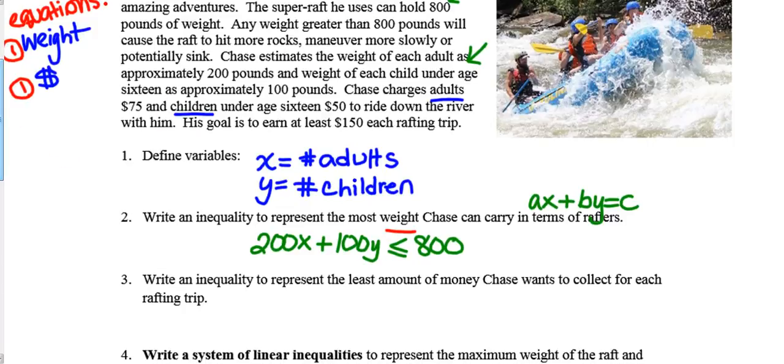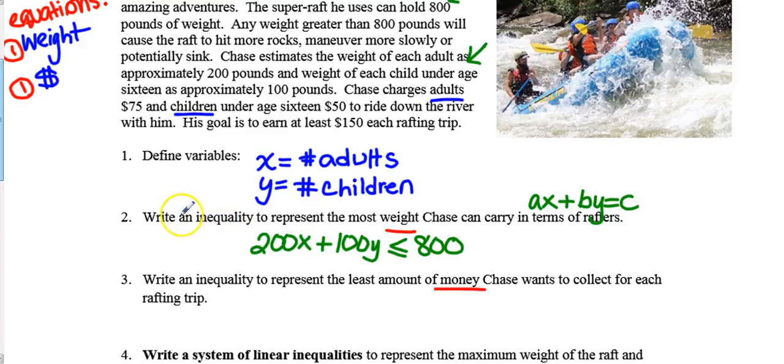The next one we're asked to write says, write an inequality to represent the least amount of money Chase wants to collect for each rafting trip. It makes sense that he'd have a minimum amount, right? Because he has people to pay, like your guide. The raft itself and the paddles and the helmets, all of that has an equipment cost associated with it. So he needs to make a certain amount on each of these trips.